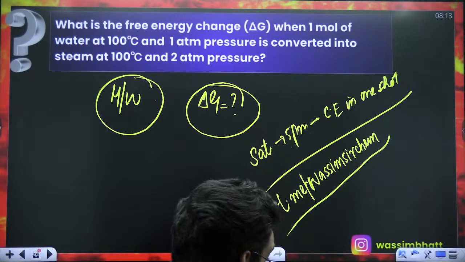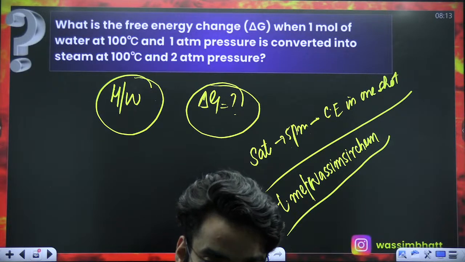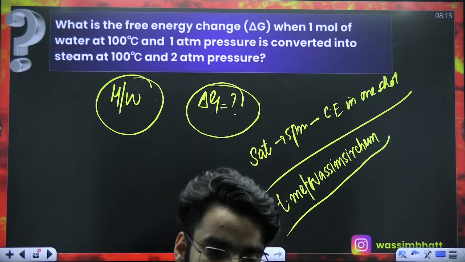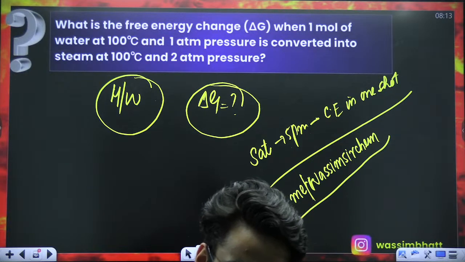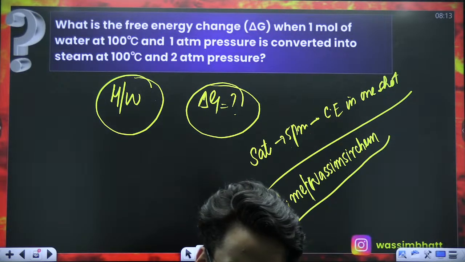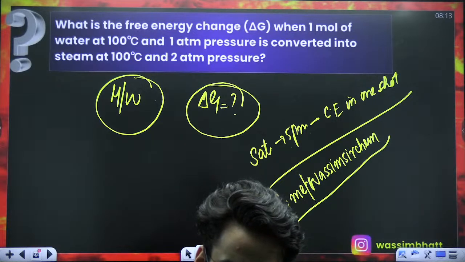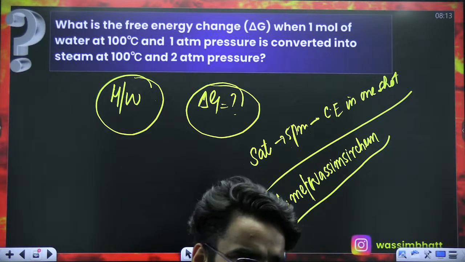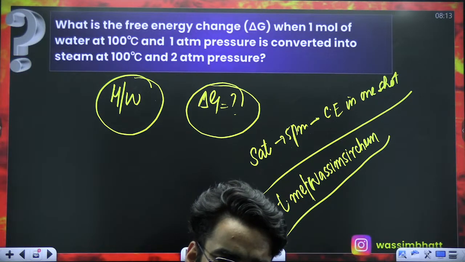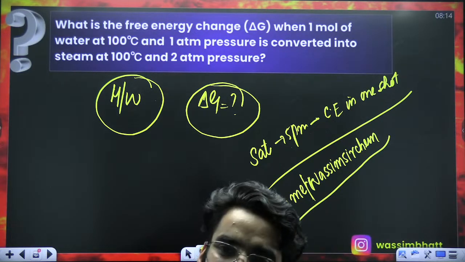I hope whatever I taught you in today's session, every single thing is clear, right? With this, our thermodynamics part is clear. Now we are left with thermochemistry. That is a separate chapter which we shall be doing. In the Conquer batch, the syllabus will complete maybe in October, because till now I'm done with a lot of chapters.